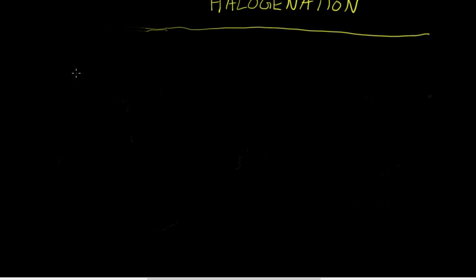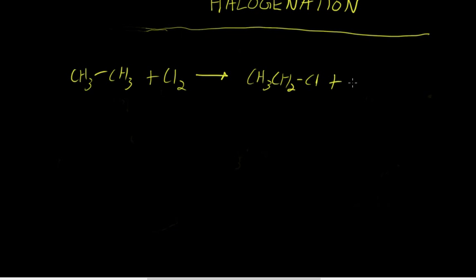So the halogenation of ethane, or the chlorination of ethane, is basically C2H6 reacting with Cl2. This is the overall reaction, to give you chloroethane plus HCl. But as in all radical halogenations, the rate limiting step is formation of the ethyl radical.